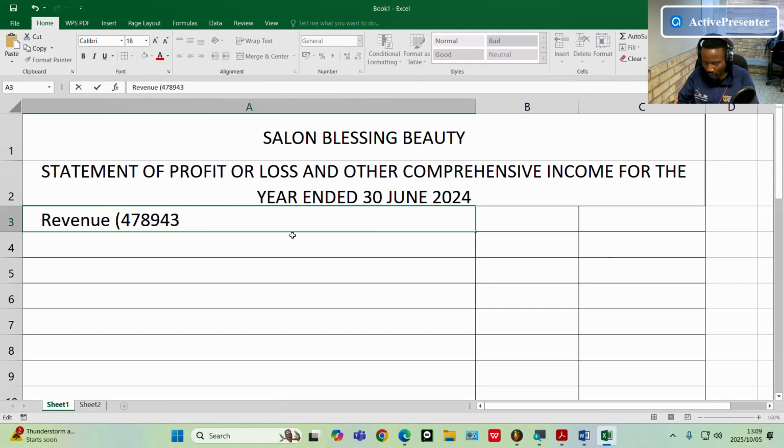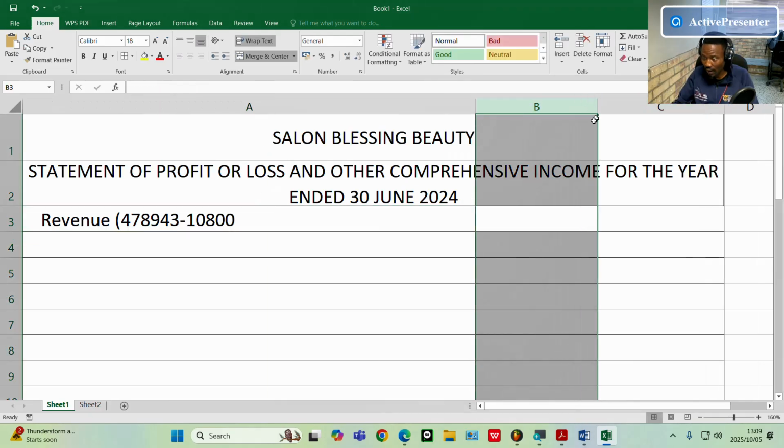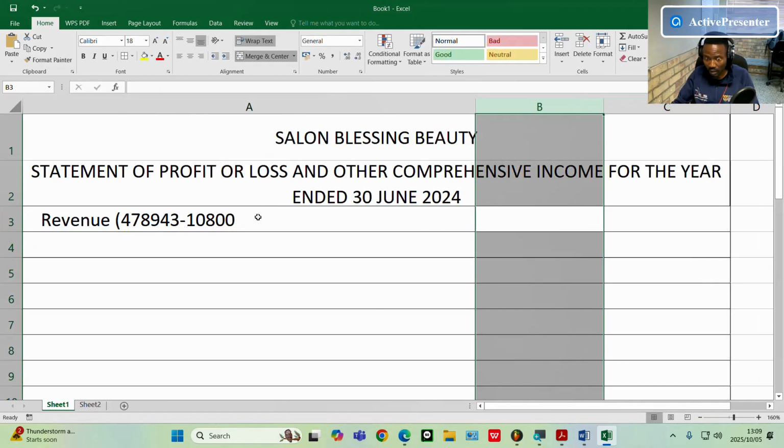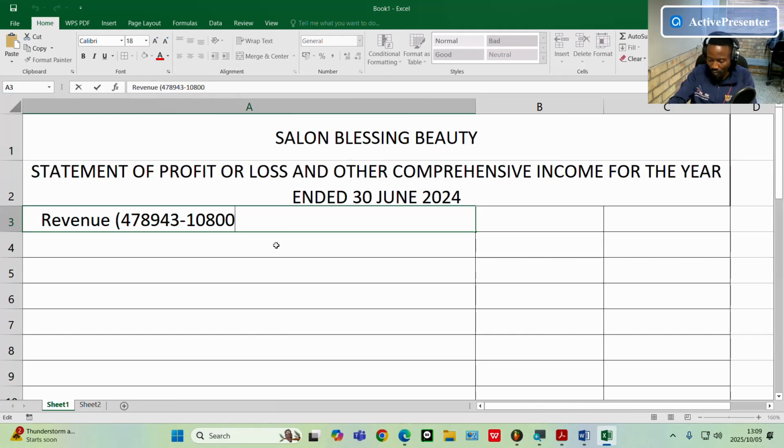That will decrease our revenue, because they bought and now they brought back. So we need to less the sales returns from revenue, and we also gave customers a discount. Once you give customers a discount, that will also decrease your revenue. So we will have to less the discount granted, because it was granted to the customers. Right, so I believe this is the revenue.